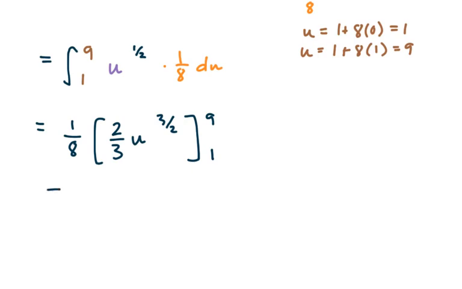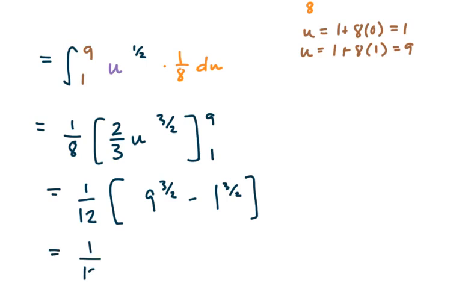So looking at this, it is 2/24 when I multiply those fractions, which is the same as 1/12. I have 9 to the 3/2 minus 1 to the 3/2. 1 to the 3/2 is, of course, 1. And 9 to the 3/2 is going to be, square root of 9 is 3, 3 cubed is 27.